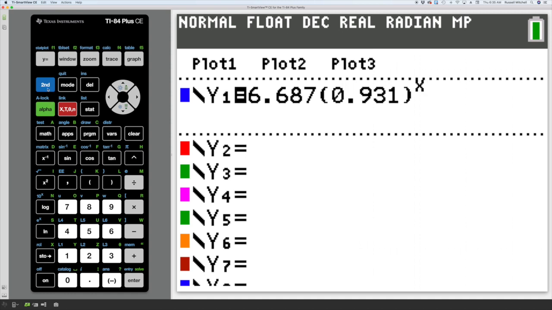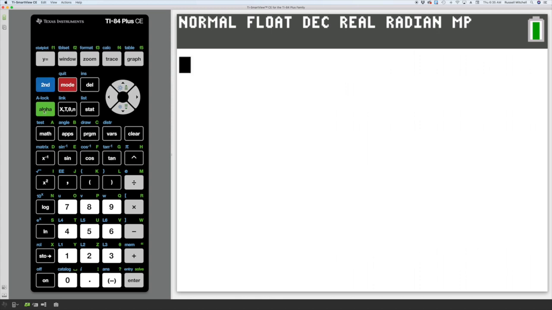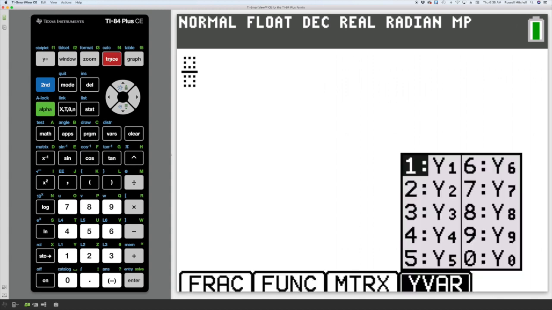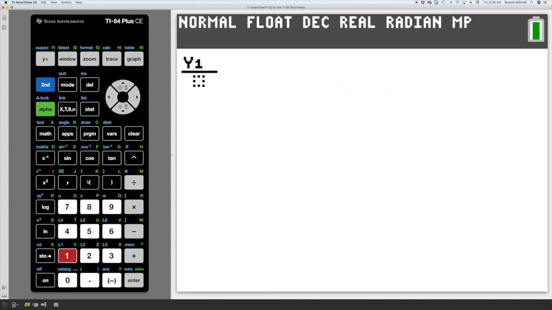All right, so we're going to go to the home screen, so we want to quit. Then we want to create a fraction, and then we want to put in y1 of 30. That'd be alpha trace, and then number 1 here, and we put it in as a function. So y1 of 30, and then minus y1 of 0.